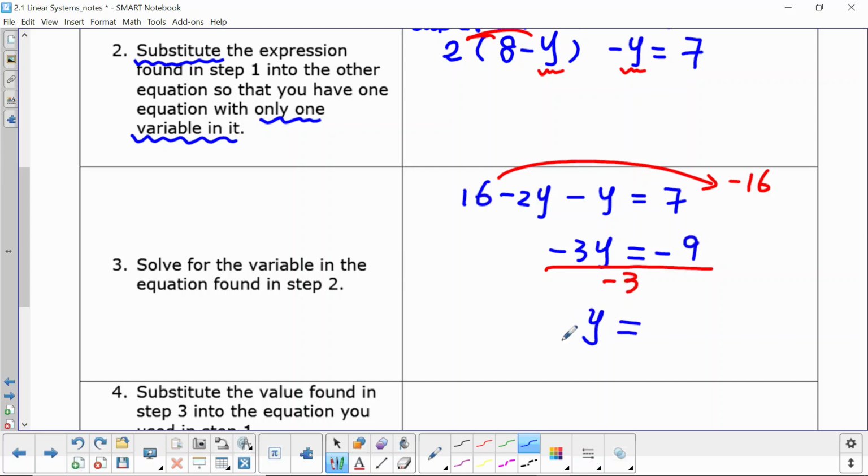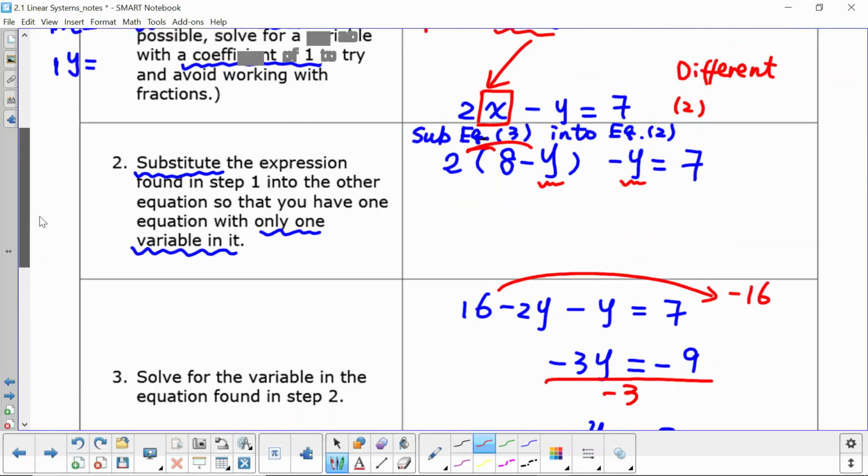You don't need to write a 1 here. -9 divided by -3 gives you +3. Make sure that you don't want to see -3 on the left side, so you need to divide by -3. The number at front of y has no negative sign, no numbers. Okay, and this is one of the solutions.